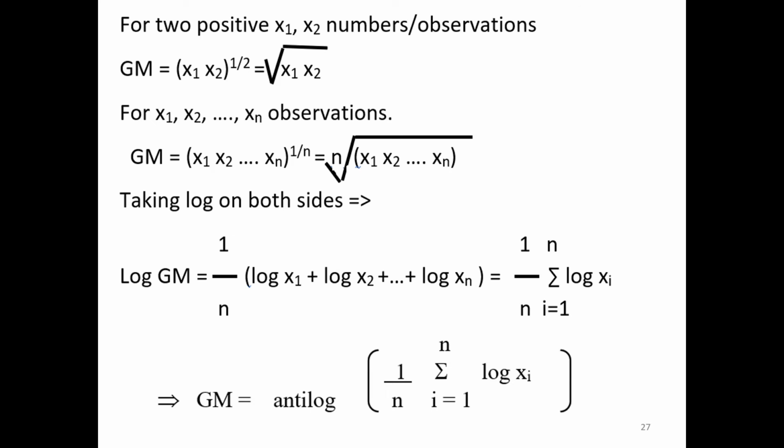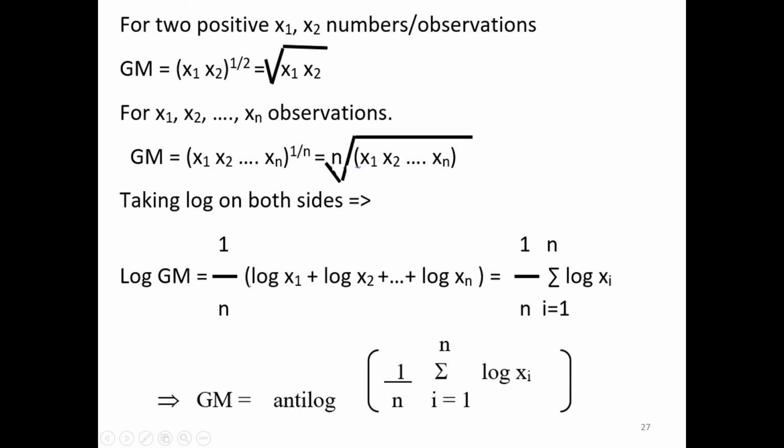Taking log on both sides, log of geometric mean is 1 by n times (log x1 plus log x2 plus ... log xn), which is 1 by n times the summation of i going from 1 to n of log xi. The geometric mean is the anti-log of this value.